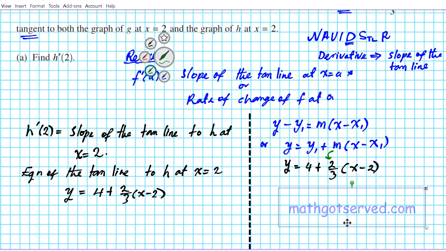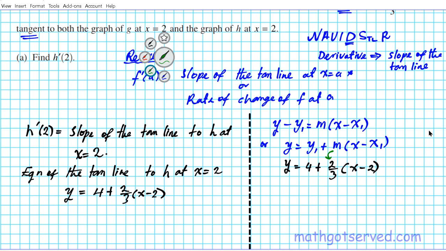The quicker way is using algebra, or you can just differentiate this right here and then you get 2/3 also. So h prime of 2 is basically the slope of y, which is 2 over 3. That's the slope of the tangent line.